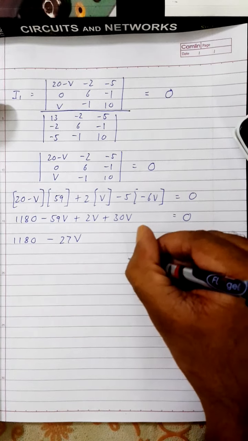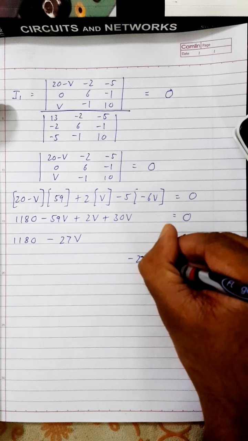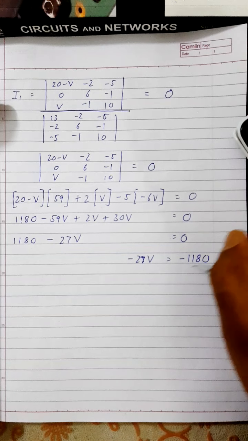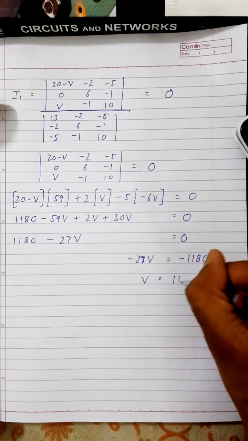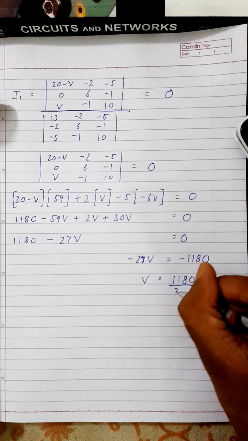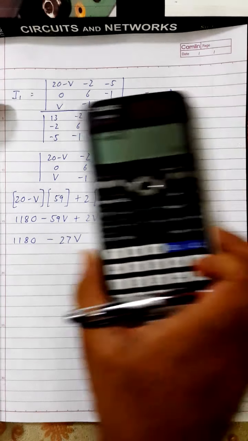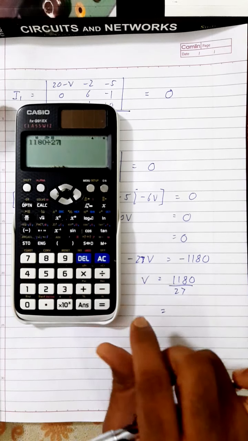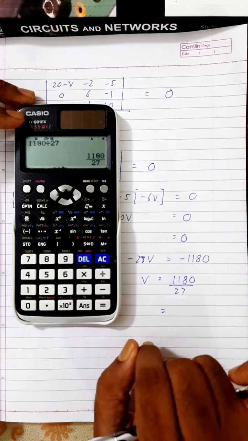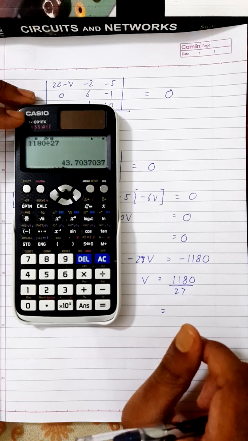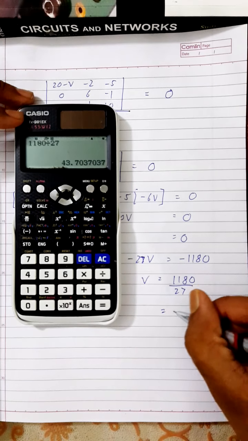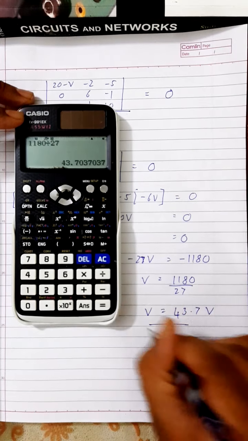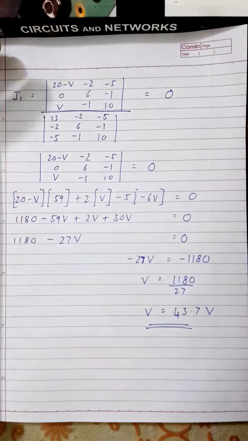Or in other words, minus 27V is equal to minus 1180, or V is equal to 1180 by 27, which is equal to, let me see, 1180 divided by 27, right? 1180 divided by 27 is 43.7. So the answer is 43.7 volt. This is the answer. Okay.